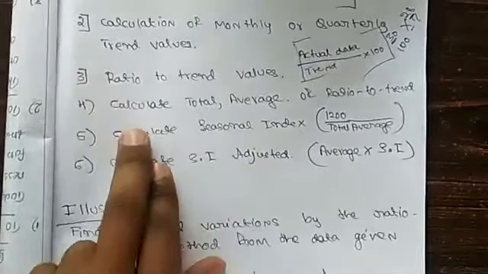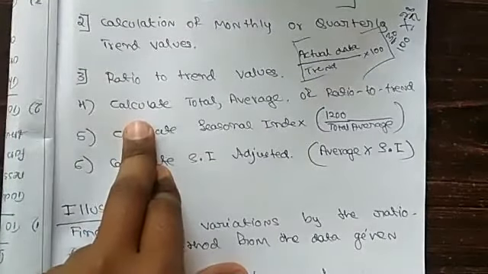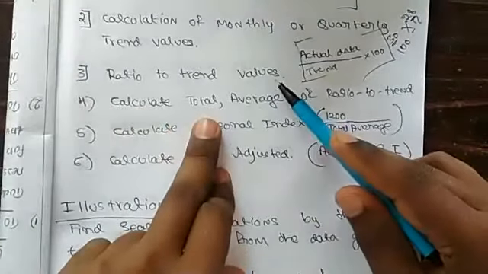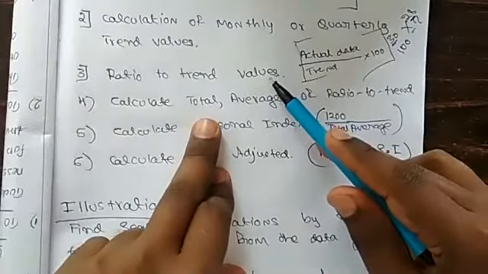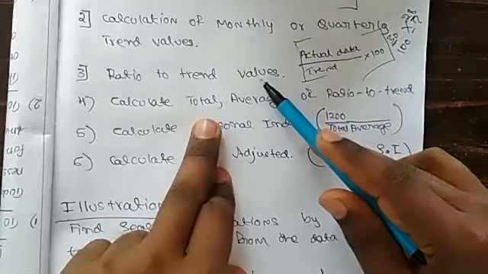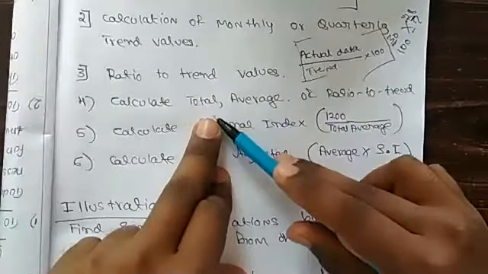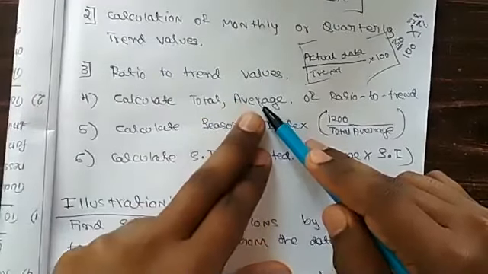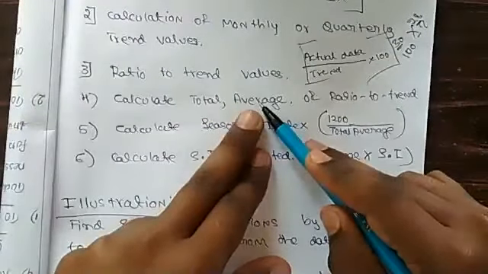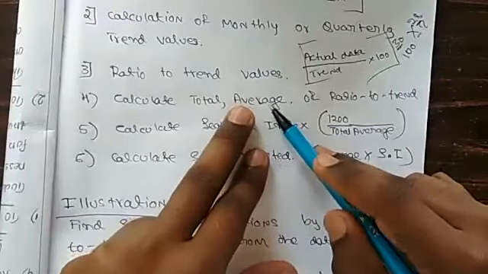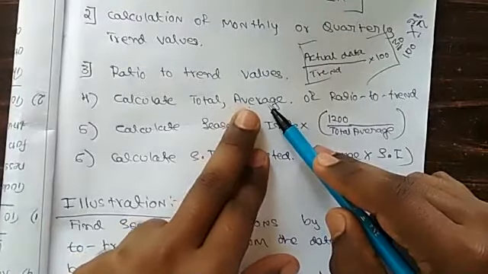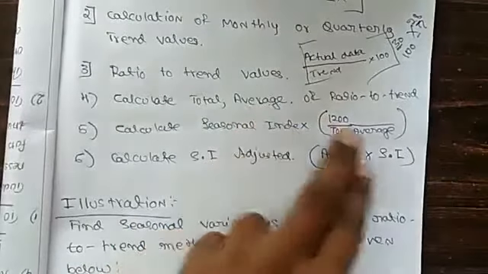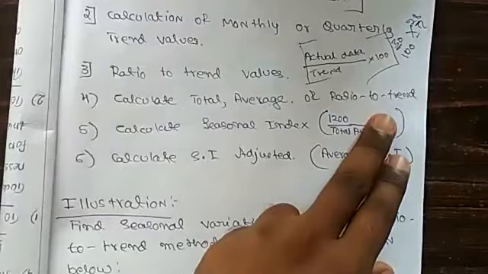Then in the fourth step, you have to calculate the total of the ratio to trend values for the first quarter or first month, second month, like that. Find the total, then take the average: average for the first month, average for the second month. If it is quarterly, average for the first quarter, average for the second quarter. So calculate the total and average of ratio to trend.